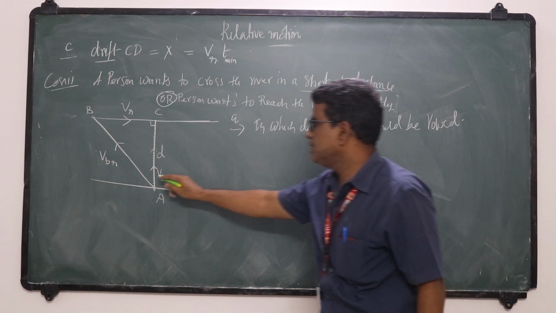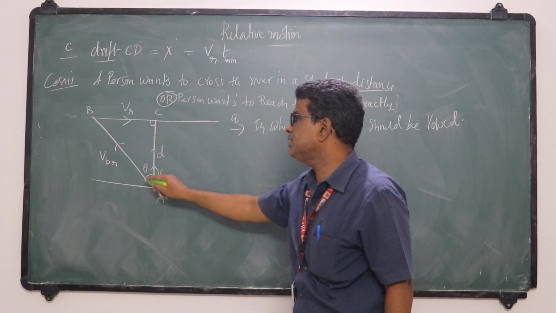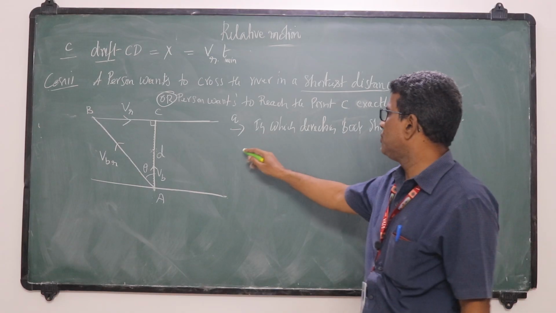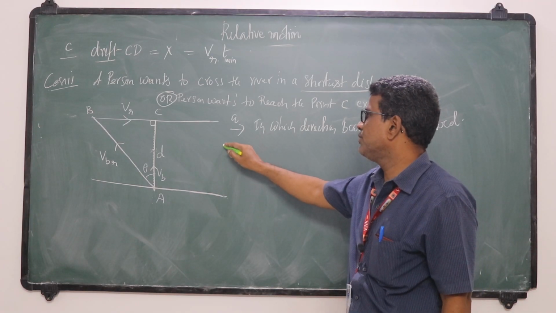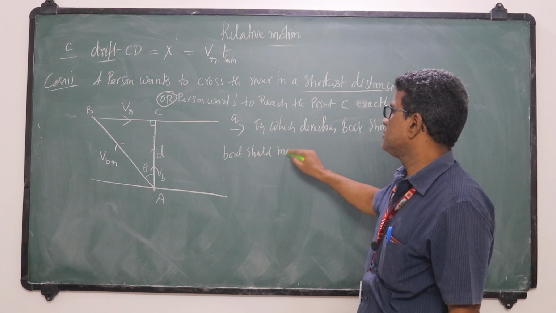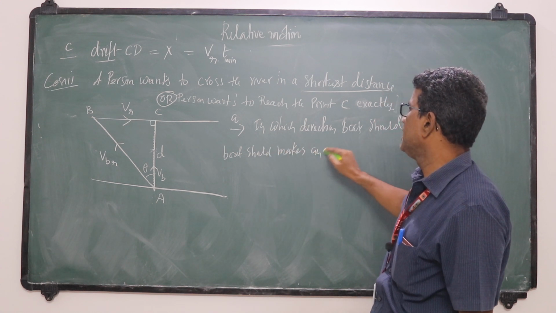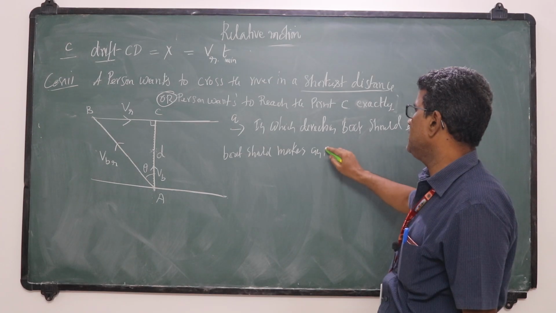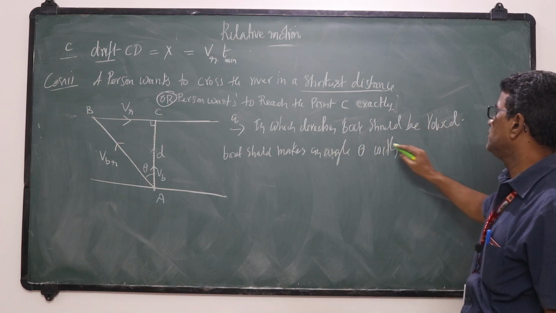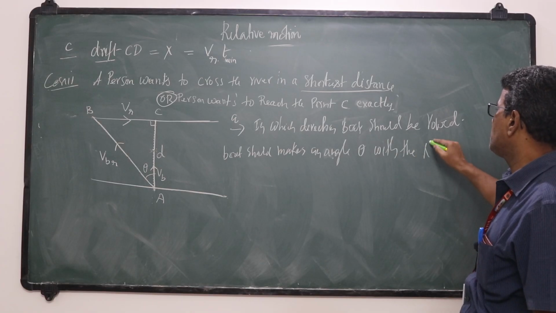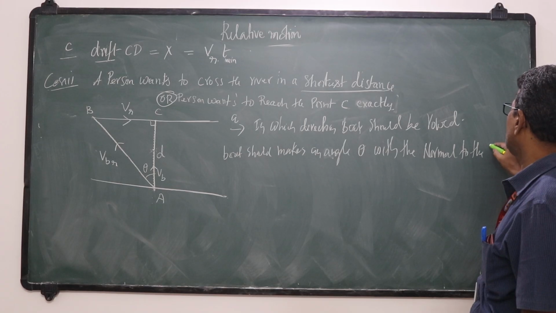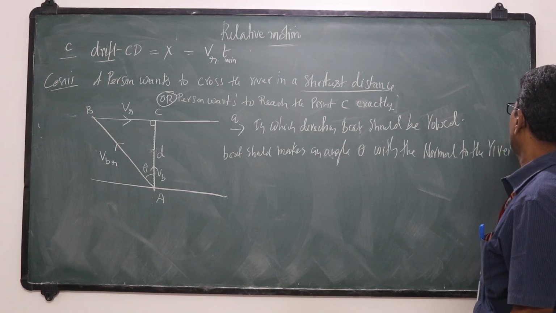The answer is that the boat should make an angle theta with the normal to the river flow.